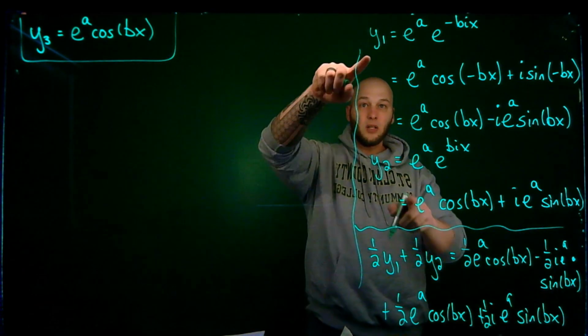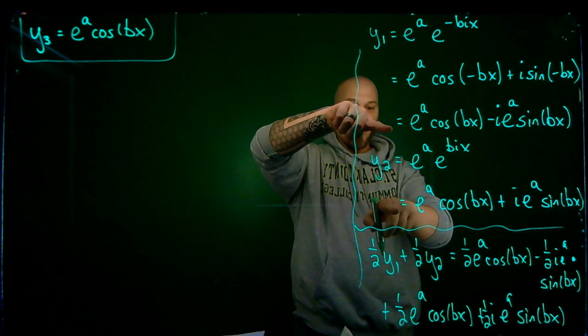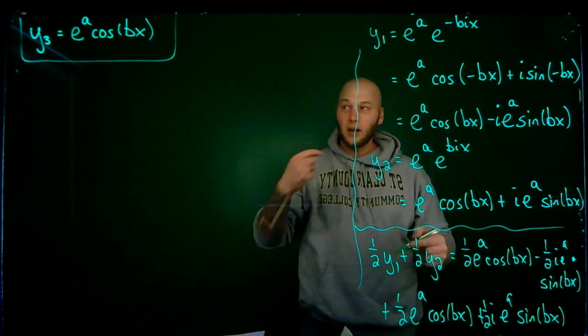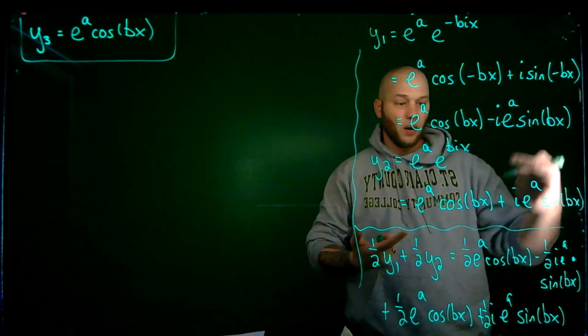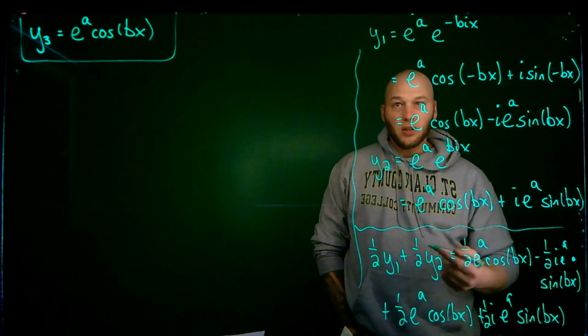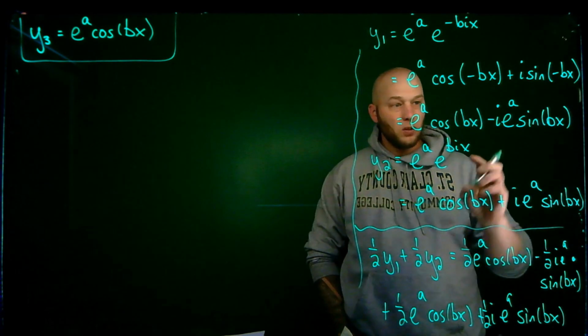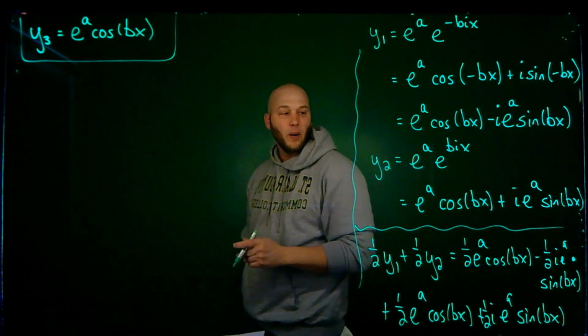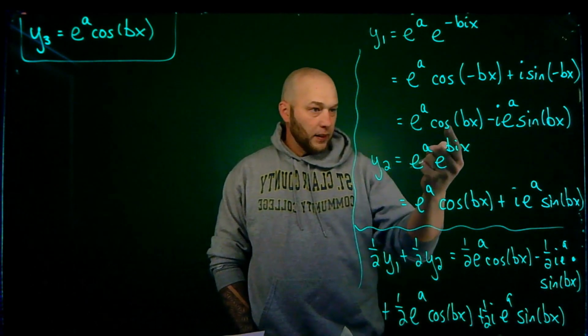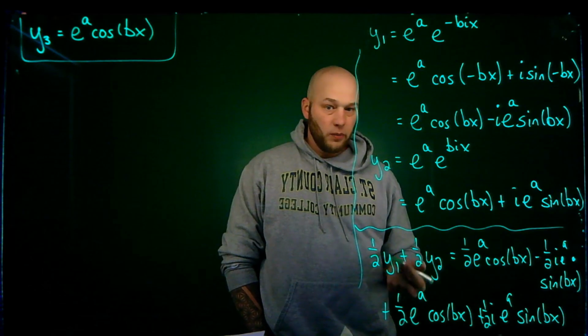If I look at these two solutions that I have here, again, y1 and y2, the other part that I don't have, of course, is the sine part. What linear combination could I take of y1 and y2 to extract just the sine part? I want to be able to cancel the cosine, so therefore I'm going to subtract.